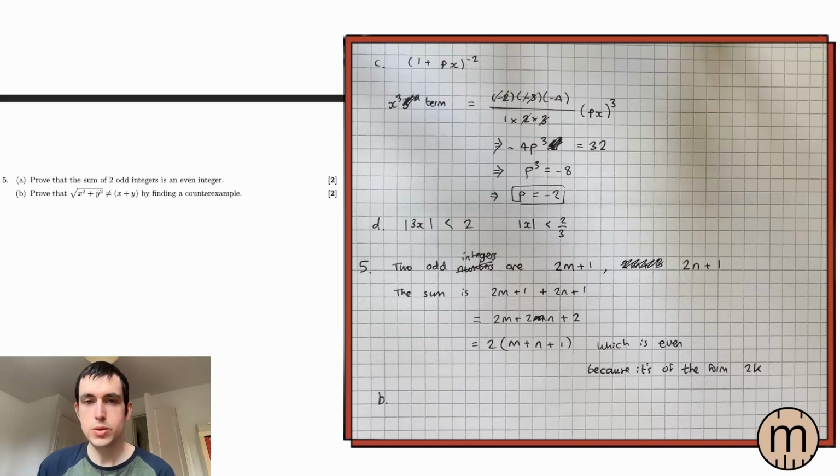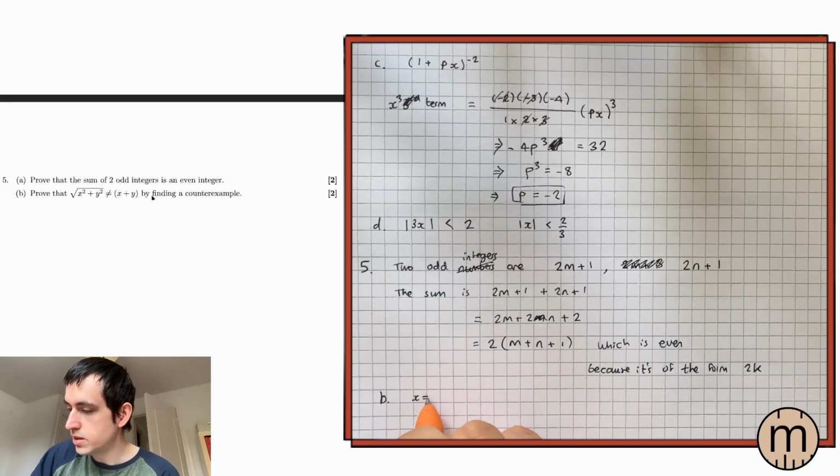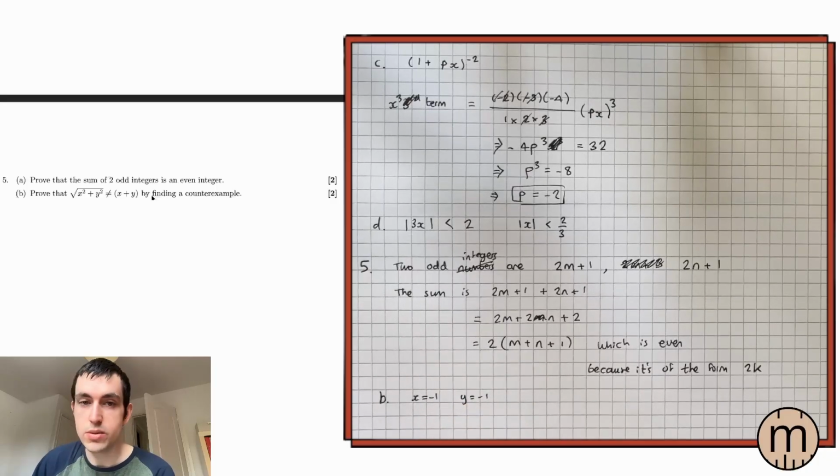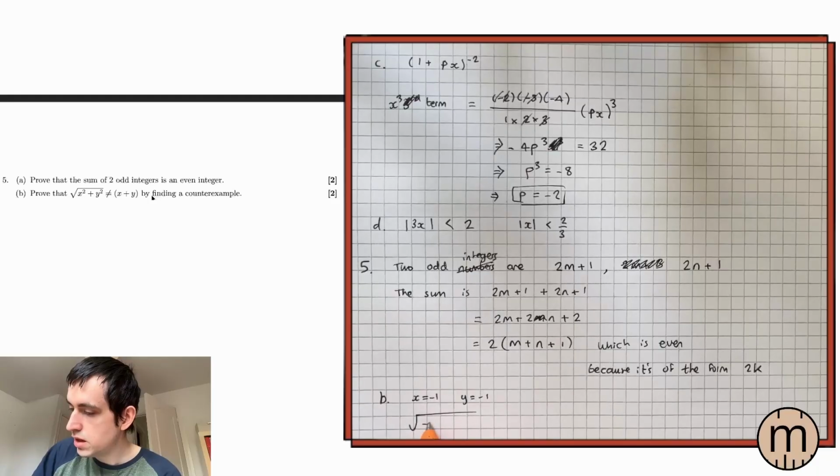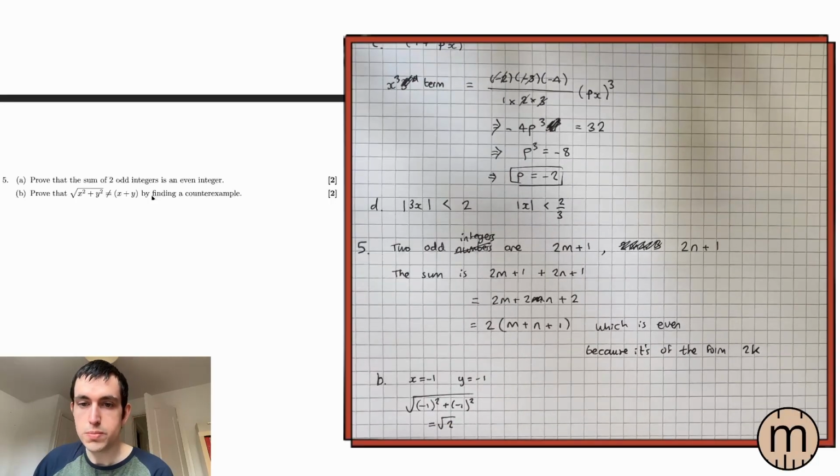Part B is a counterexample. So what we need to do is find just one single example where the square root on the left is not equal to the numbers on the right. We could try x is equal to -1 and also y is equal to -1, and we'll see that it won't work. The square root of -1 squared plus -1 squared is equal to the square root of 1 plus 1, which is the square root of 2.